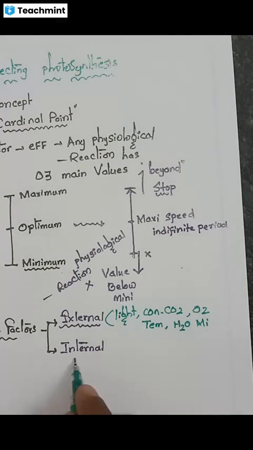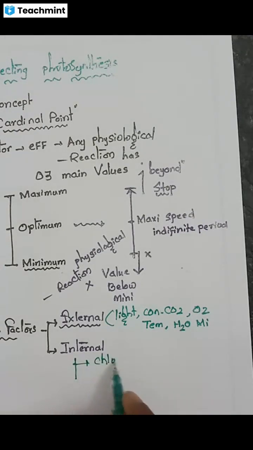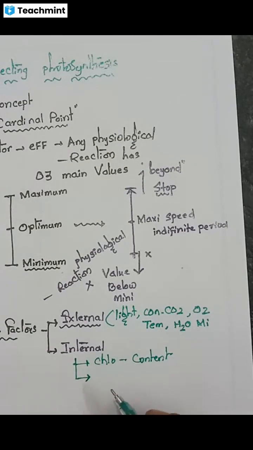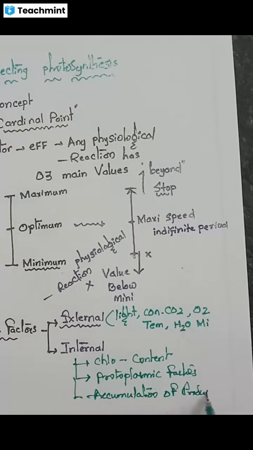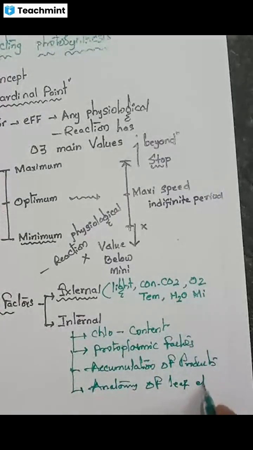The internal factors include chlorophyll content, protoplasmic factors, accumulation of products, anatomy of leaf, etc. So the photosynthetic factors are classified into two major groups, external and internal.